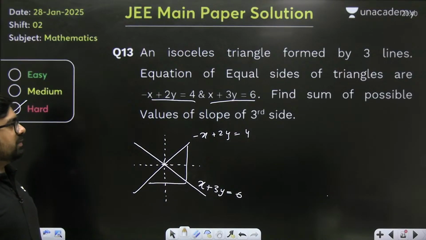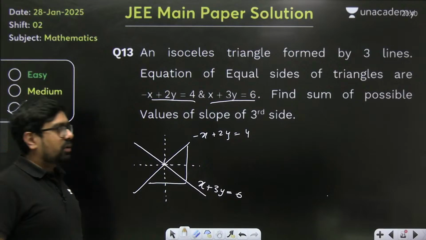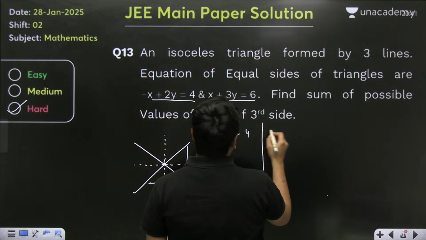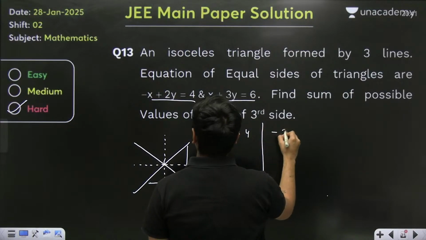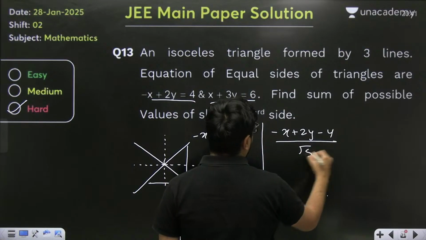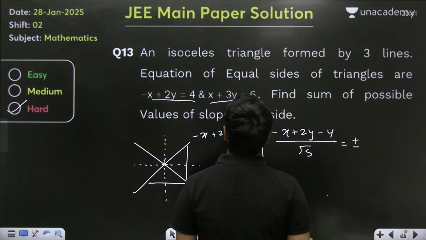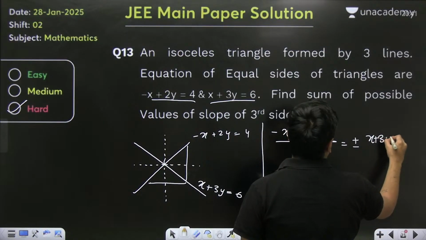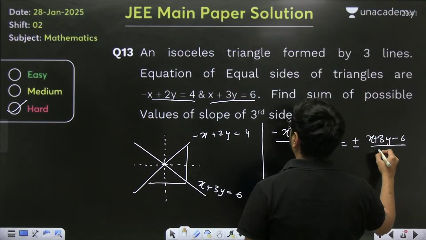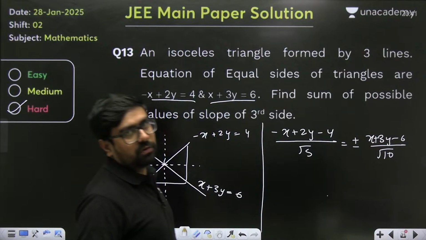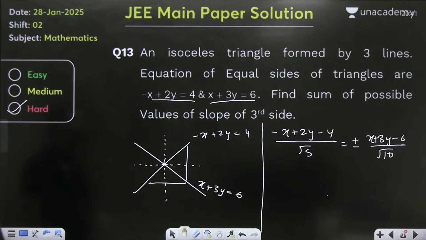Right? So what are the possible slopes? Here we had to use the direct angle bisector formula: minus x plus 2y minus 4 divided by square root 5 is equal to plus or minus x plus 3y minus 6 divided by square root 10. This plus or minus we will solve, and we'll get the sum of possible slopes of the third side.